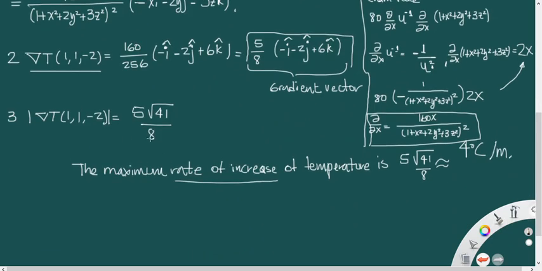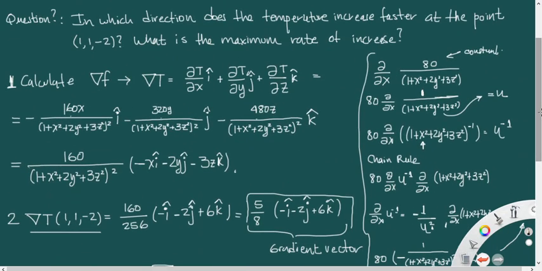If we perform the math with your Casio calculators, you will end up with something like 4 degrees Celsius per meter. That's the rate of change at that point. So if you move in the direction of the gradient vector, you will experience a change of about 4 degrees Celsius for every meter that you move.